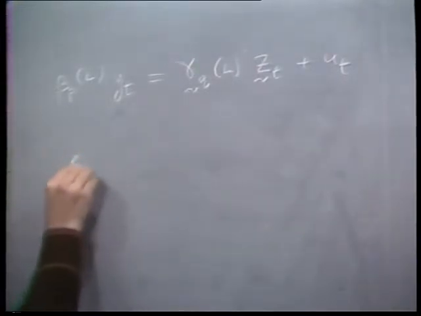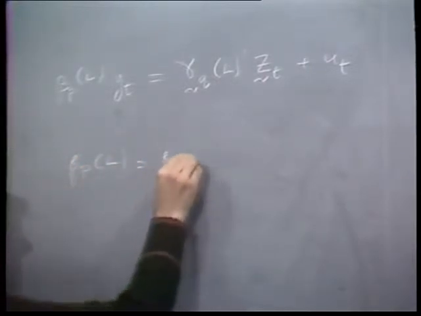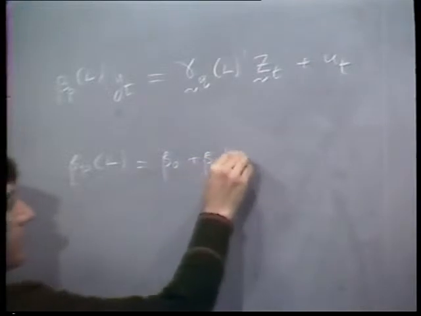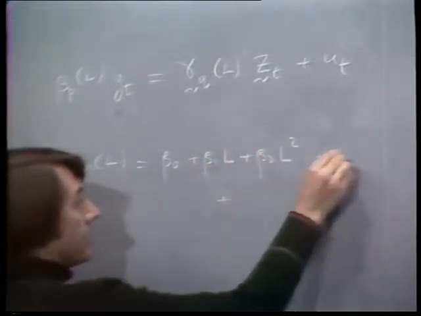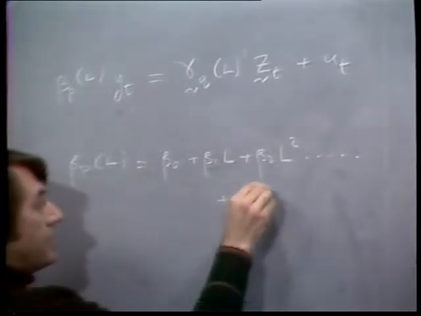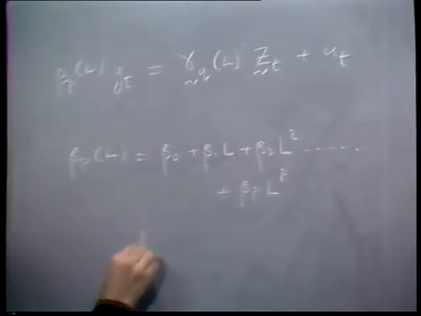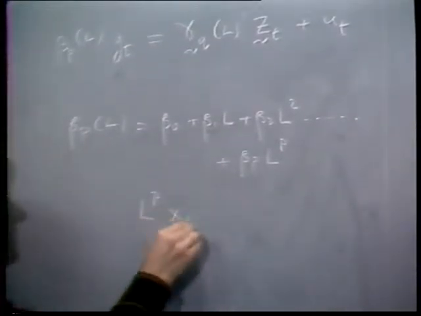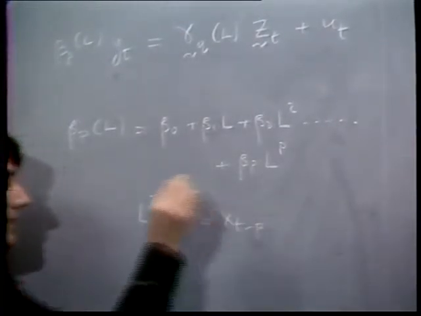So that beta p of L will be beta 0 plus beta 1 L plus beta 2 L squared through to beta p L to the power p. And L is the lag operator such that L^p times the variable xt is in fact xt minus p.